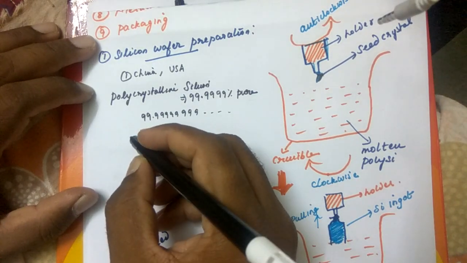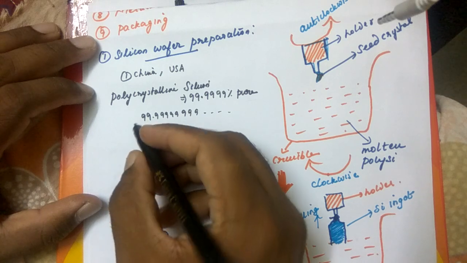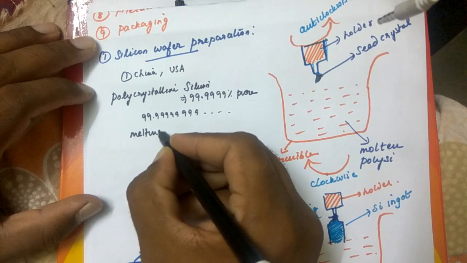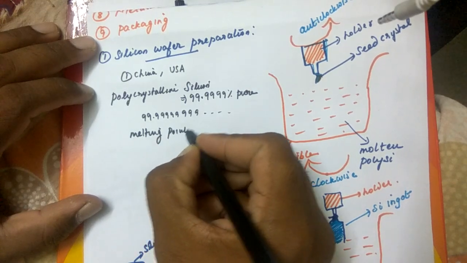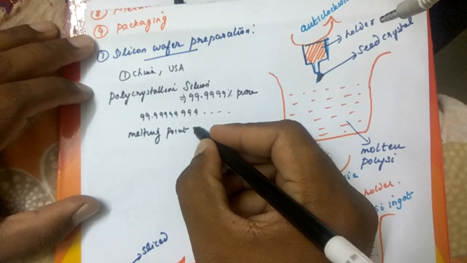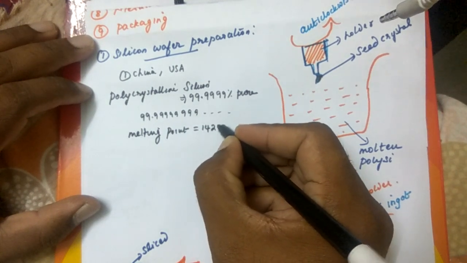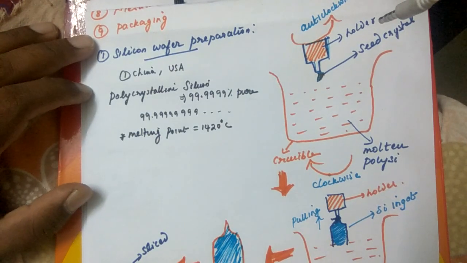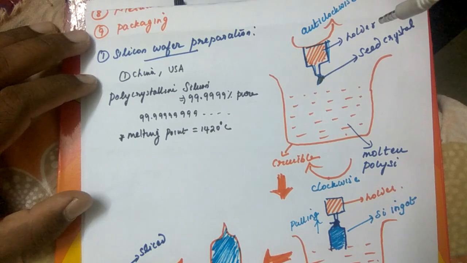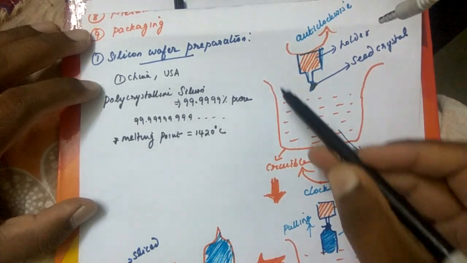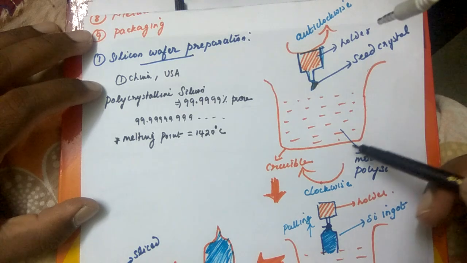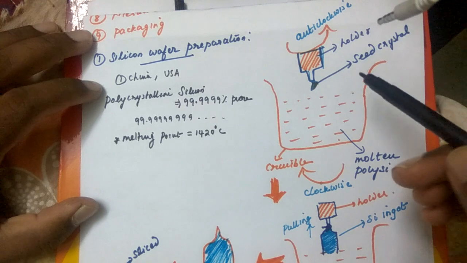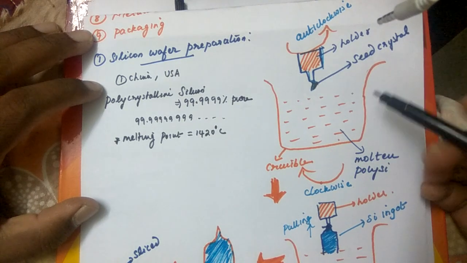So the polycrystalline silicon is heated to a very high temperature. The melting point of this polycrystalline silicon is 1420 degrees Celsius. So this is a crucible on which I place the polycrystalline silicon.